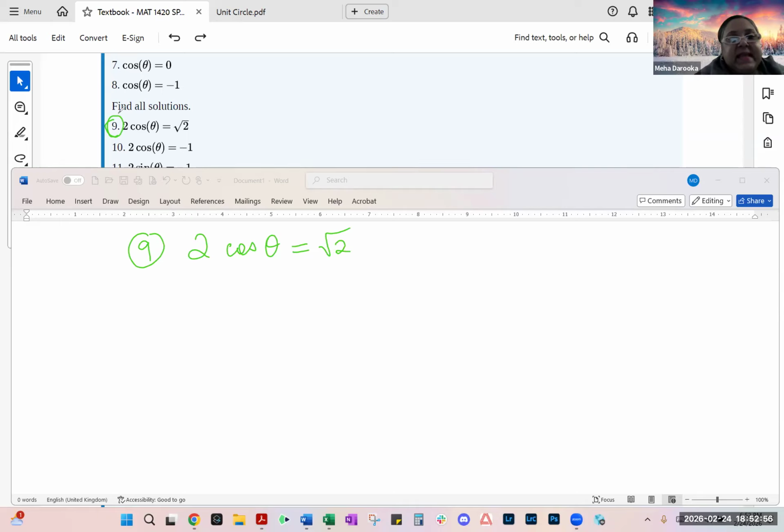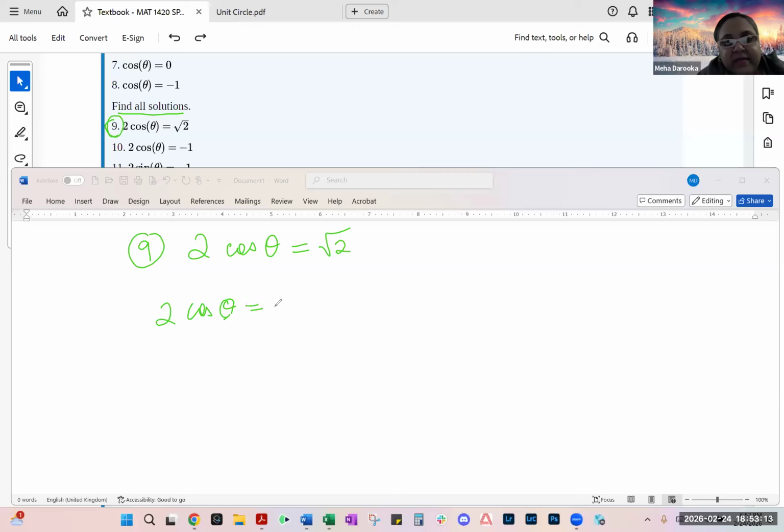And remember, this is saying all solutions, which means we will need to consider the period for the cosine function. So just like we did with the previous examples, you want to get your cosine function by itself, right?